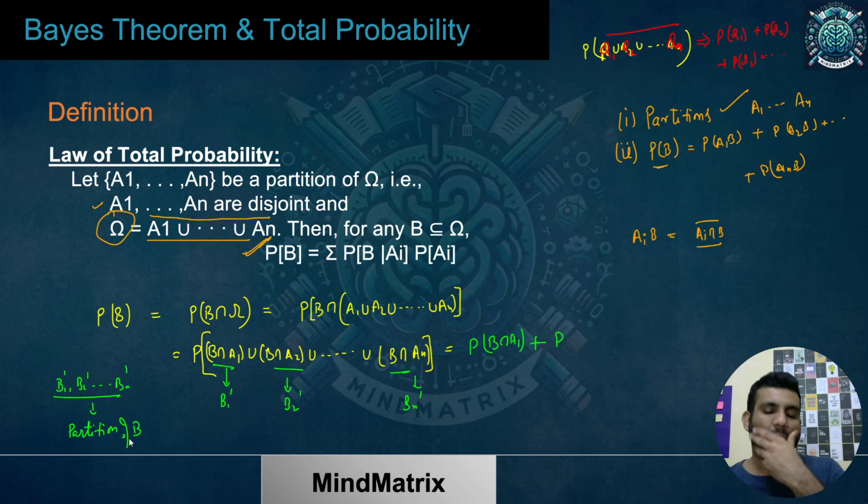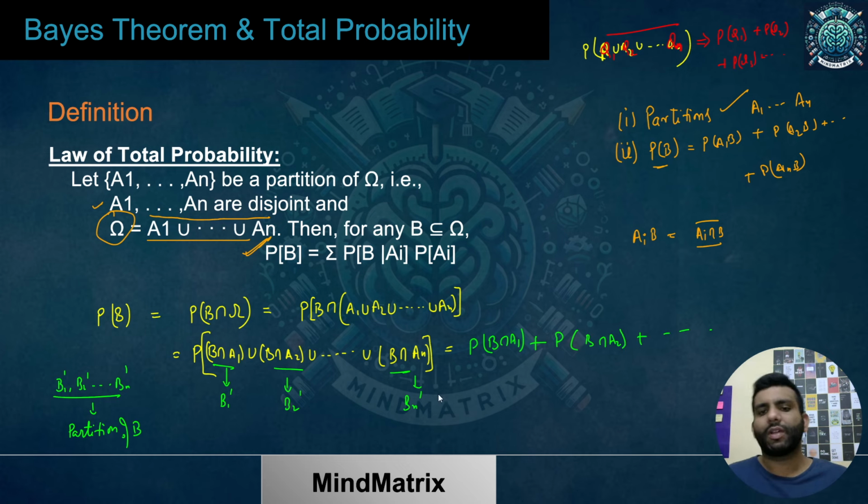Because if I combine all of them, it will create B, which I already know, since I started from there. And there is nothing in common between B1 dash, B2 dash, up to Bn dash, because A1, A2 were disjoint, hence their intersection with any set will also be disjoint. That means nothing would be common between them. So I can decompose it into a sum of individual probabilities.